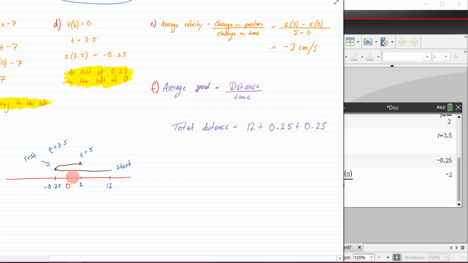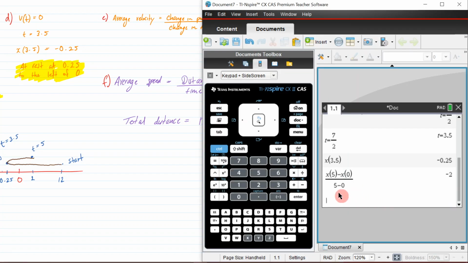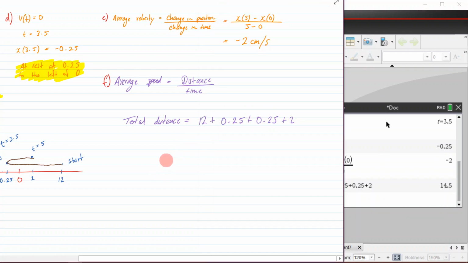And then once I'm there, I need to go to 2, so I plus 2 there. Then you just come to your CAS and add all those up. So it was 12 plus 0.25 plus 0.25 plus 2, which is 14.5. That's the total distance traveled.